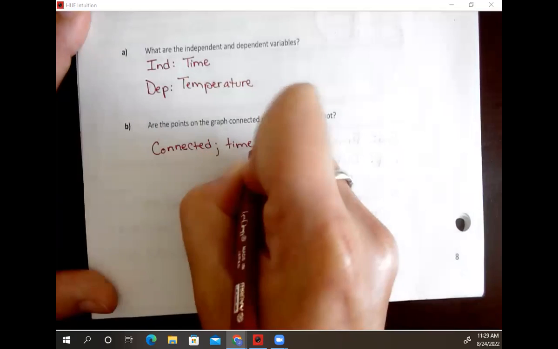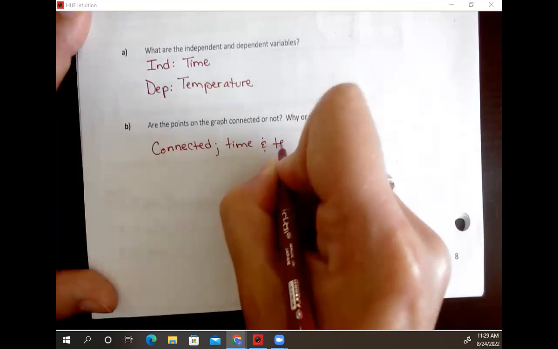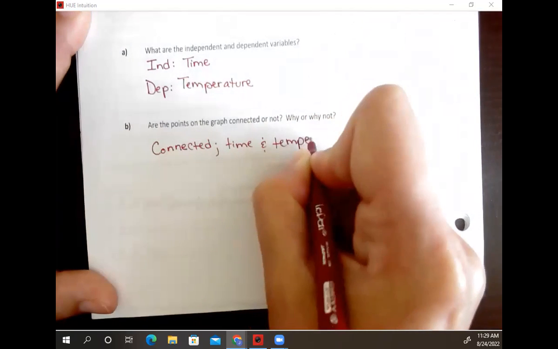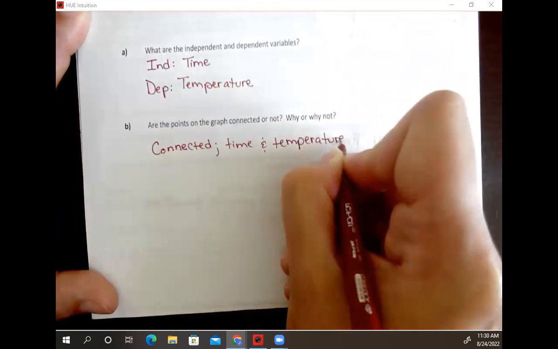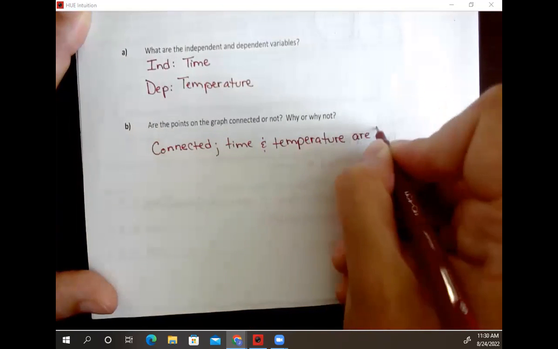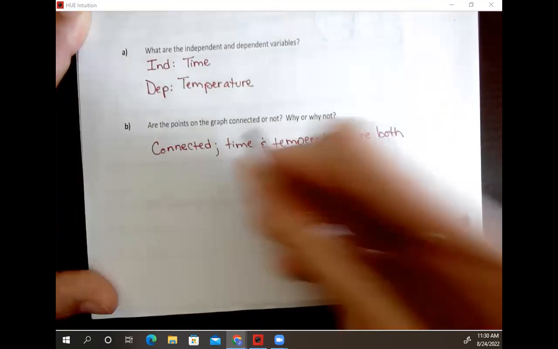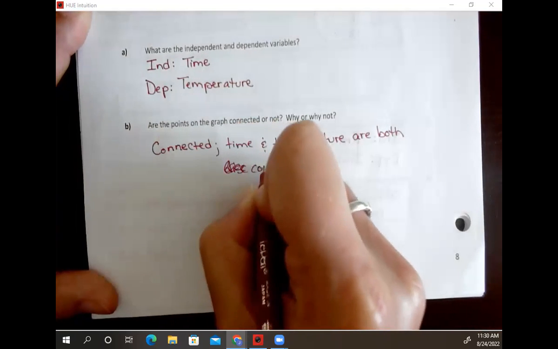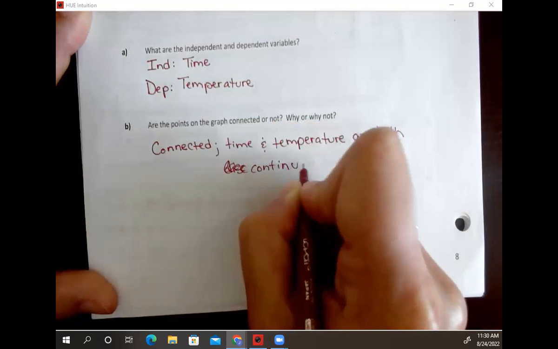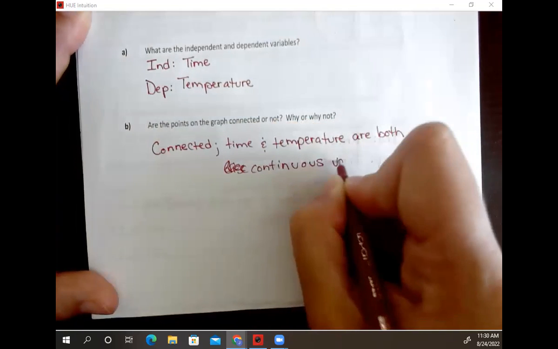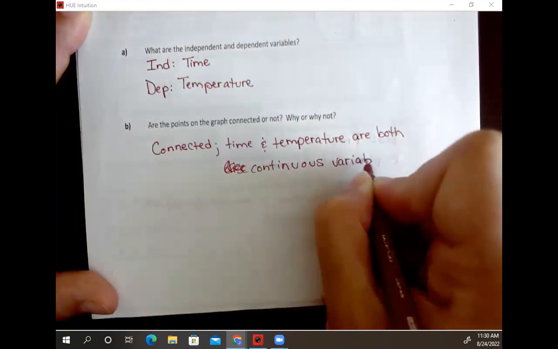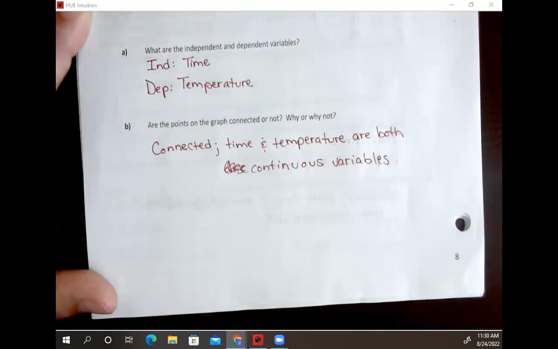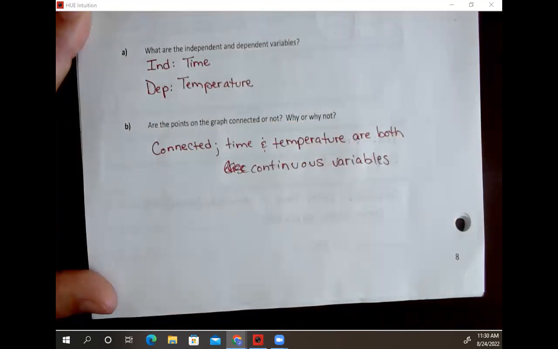Time and temperature are both continuous variables.